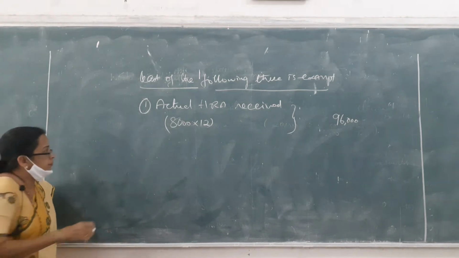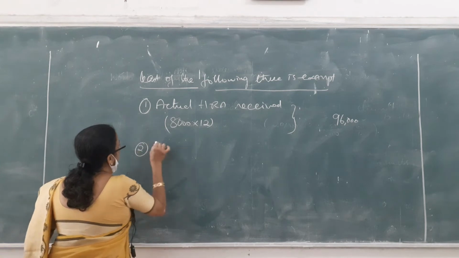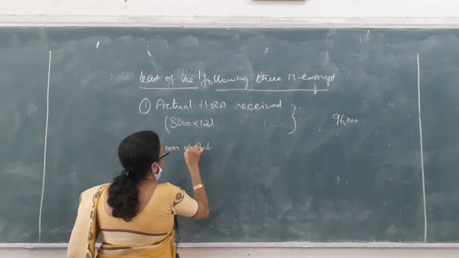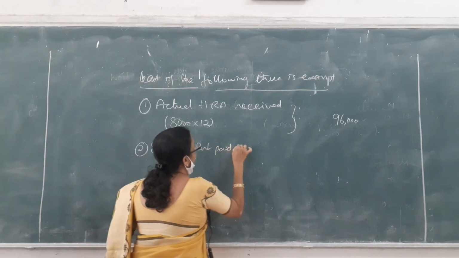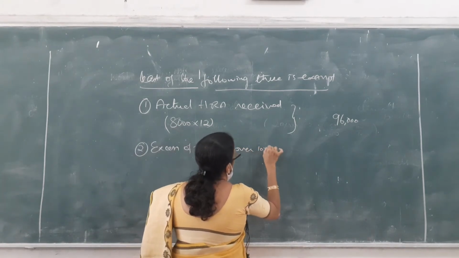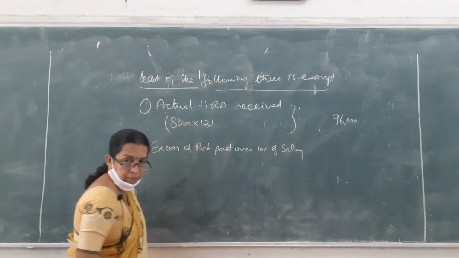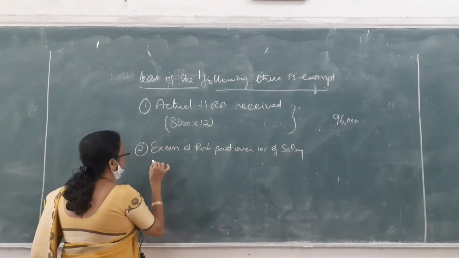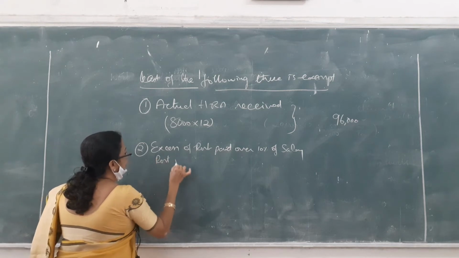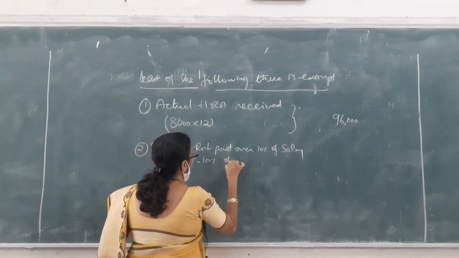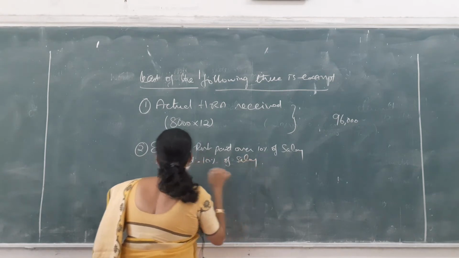Then second one, excess of rent paid over 10% of salary means rent paid minus 10% of salary.